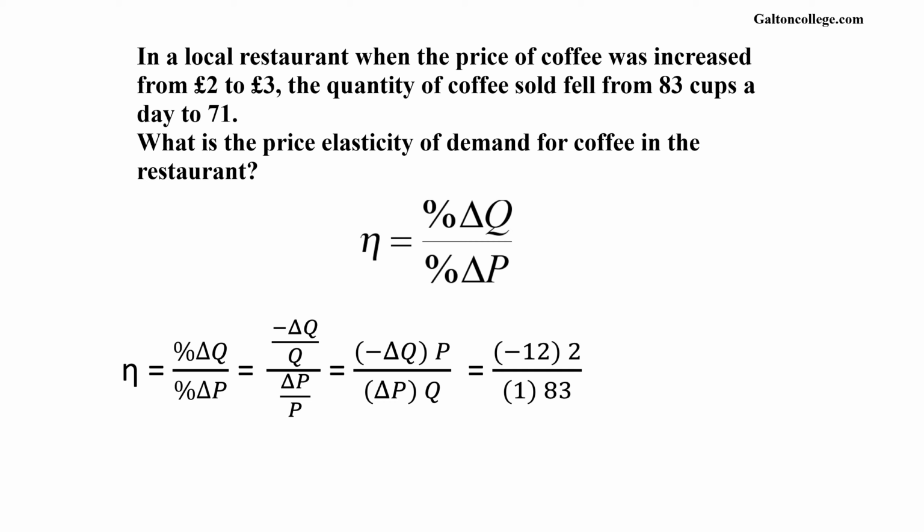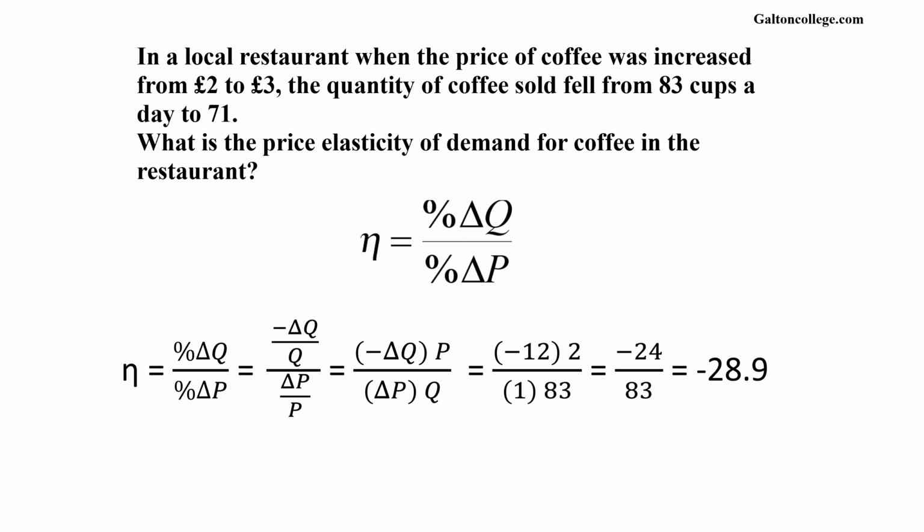And it used to sell 83 cups a day. So let's have a look then. Just multiplying that out, we got 24 over 83. So we got minus 28.9. Say minus 29.